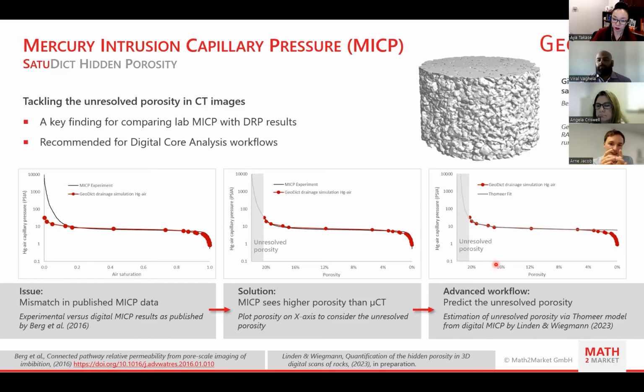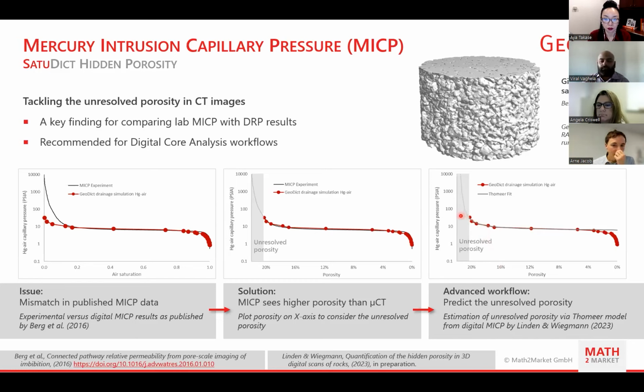And if you know that size, you can then go for the highest possible resolution with micro-CT, obtain the images with, let's say, only 3 micrometer resolution, which is very good for micro-CT. And then that amount of unresolved porosity will decrease.